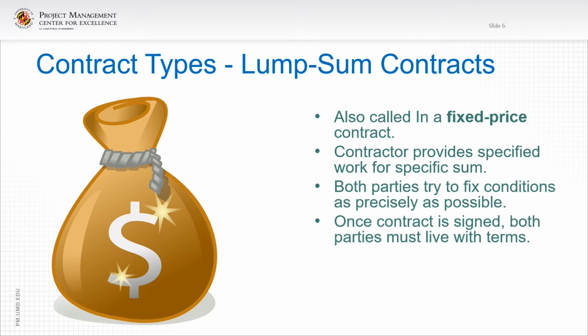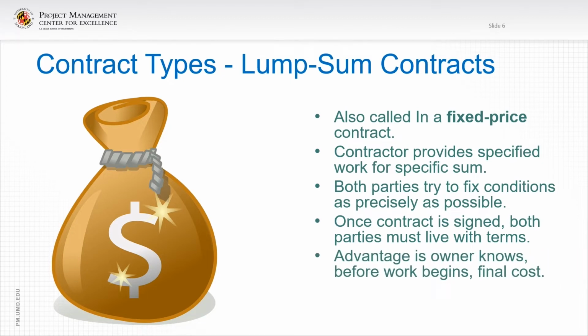Once the contract is signed, both parties must live with the terms and conditions. And finally, the advantage is the owner knows before the work begins what the final cost will be, and usually just adds a contingency and inserts that into the budget. So that's a big plus for the owner, knowing what the costs are, at least approximately, if not specifically.